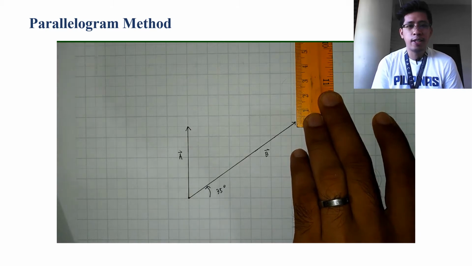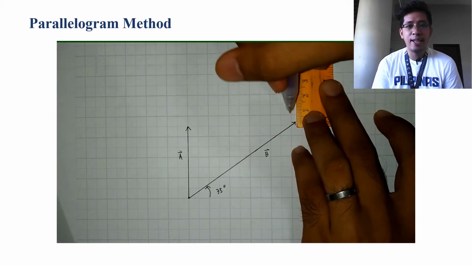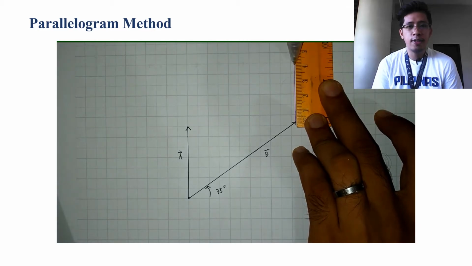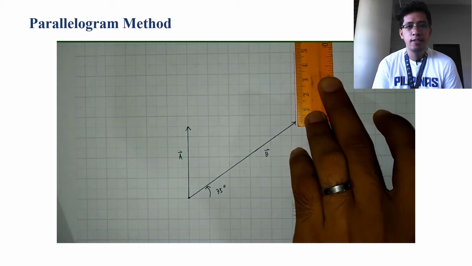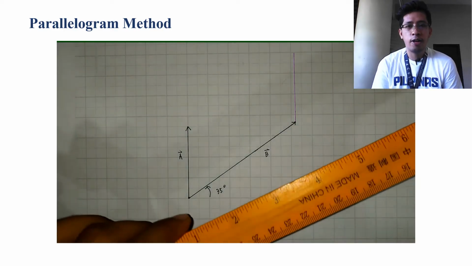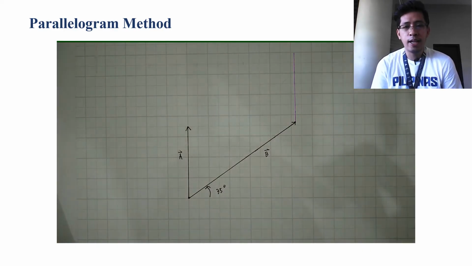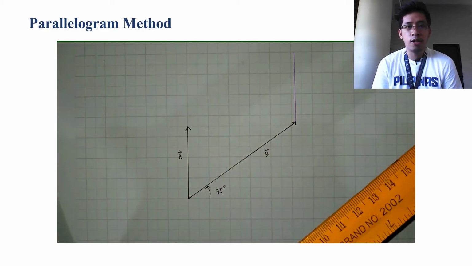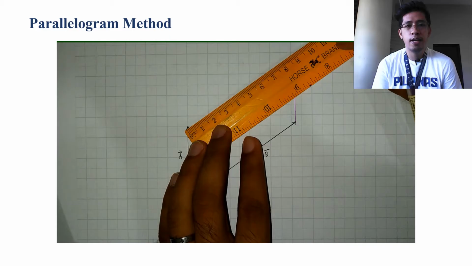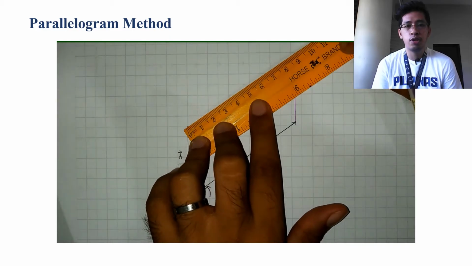So in the parallelogram method, we are going to draw parallel lines to make a parallelogram. So one parallel line with your vector A, which we'll draw from the head of vector B. So the parallel line should be parallel to your vector A, which also has the same length, going to the same direction to the north.